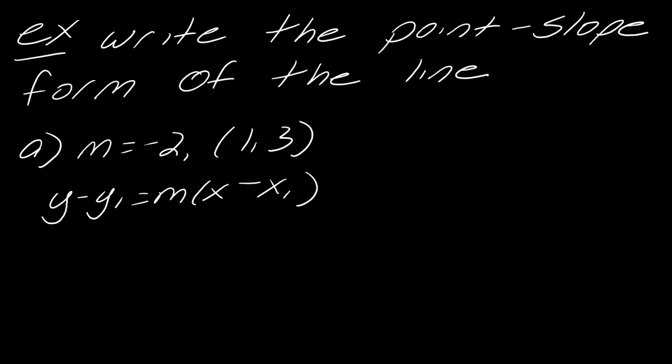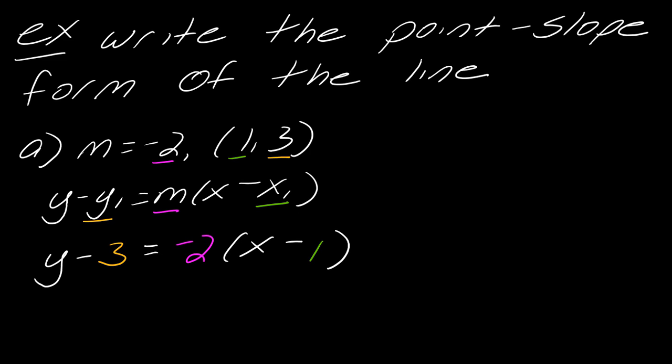So in this case, this would be y minus, okay, this y1 coincides with this 3, so I'll write a 3 there. And then this m corresponds to this -2, so I'll plug that in here. And then I've got x minus, and that's going to coincide with this 1, so there's the 1. And so there's your equation of the line.